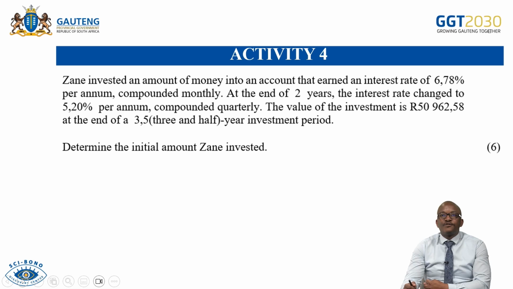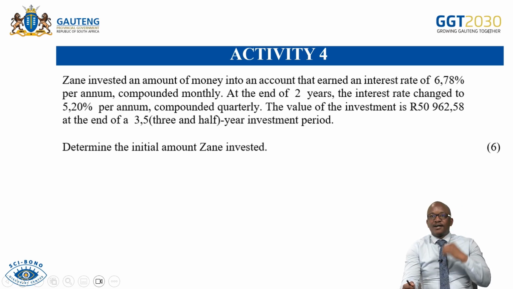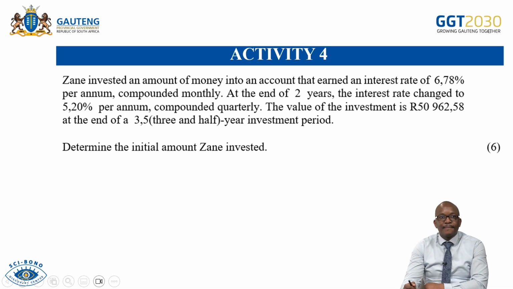At the end of 2 years, the interest rate changed to 5.20% per annum compounded quarterly. The value of the investment is 50,962 rand and 58 cents, correct? And then at the end of a 3.5 year investment period, correct?